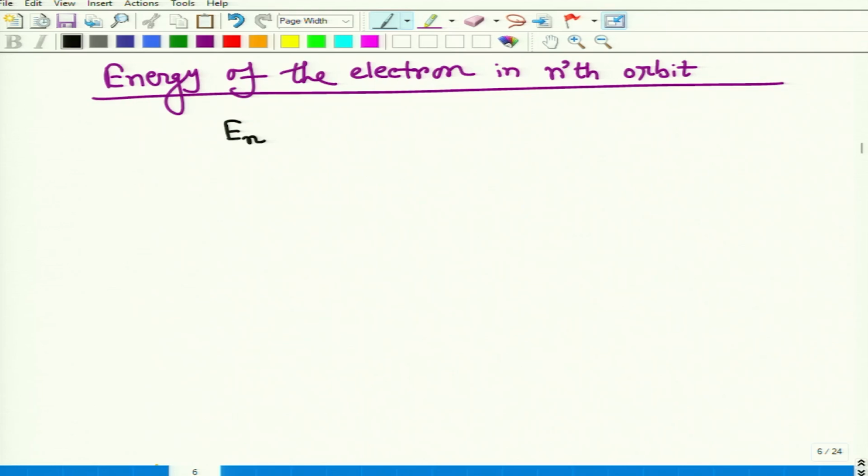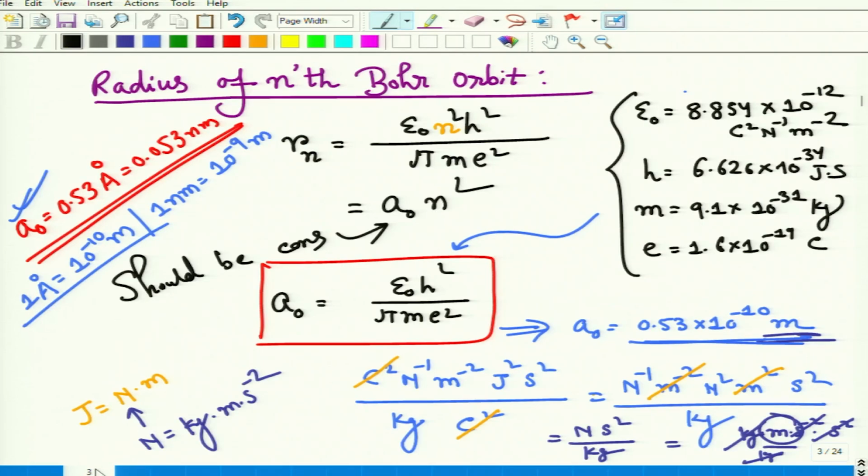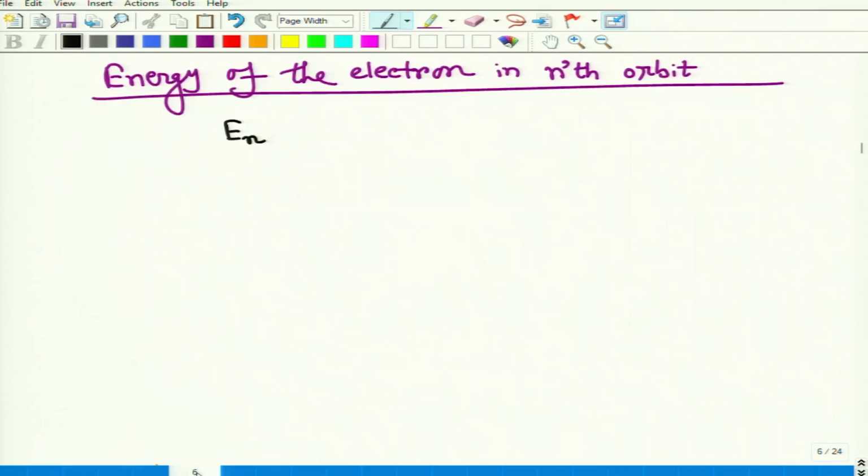So what was the form? This was the form, right? But this form was obtained by putting the value of Rn. So let me do it from scratch. It was 1 by 4 pi epsilon naught, Z square by 2 Rn. This was the form.